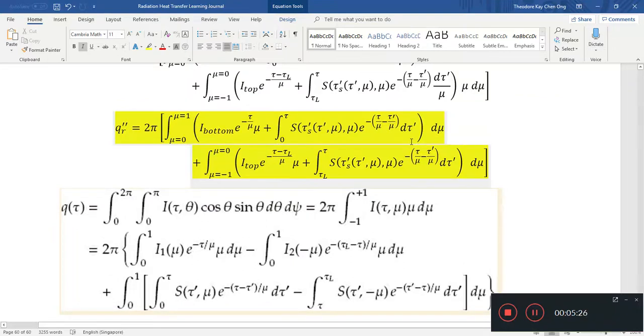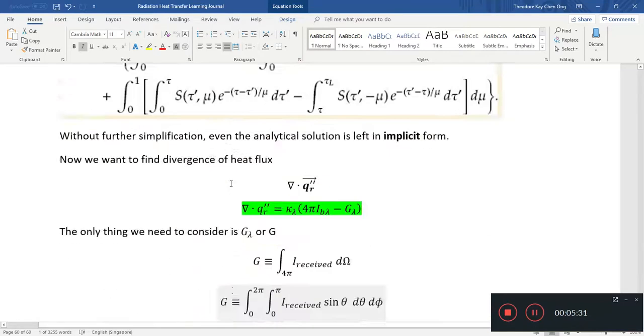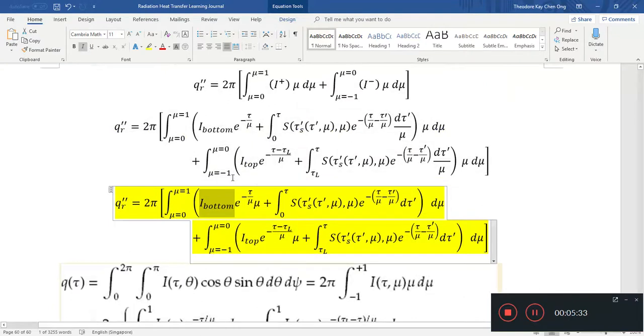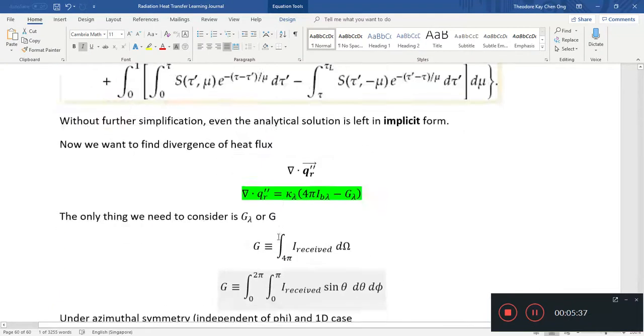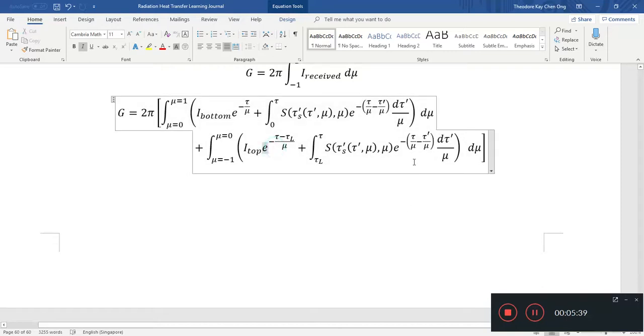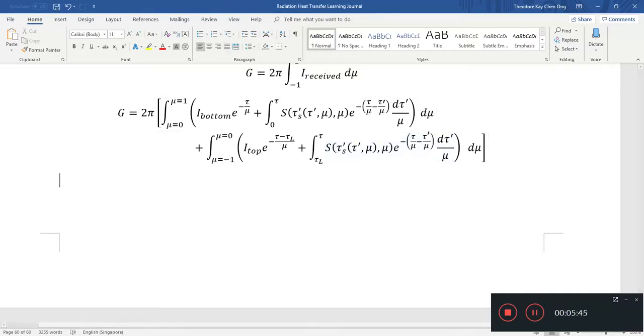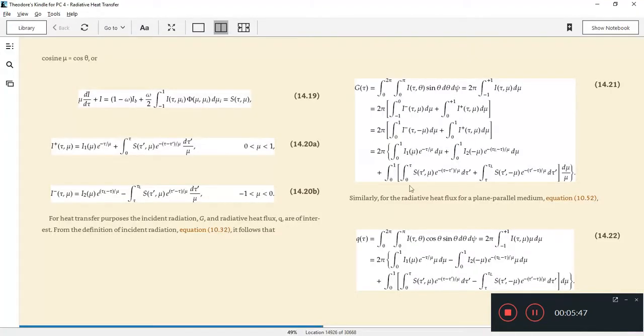Yeah, I'll just take that mu out, and we are just left with the following expression, and this is what G is basically like. If you just copy and paste and take a look at this, it is exactly what I'm talking about.